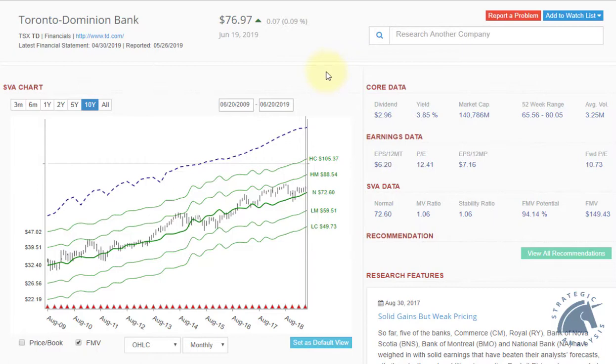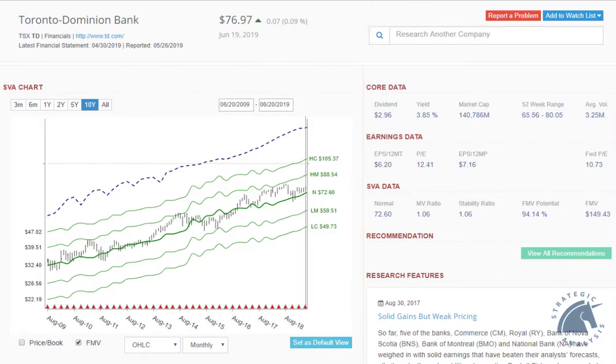Remember that the assets of the banks are the balance sheets of other companies. So perhaps the market is wise to discount the balance sheets of the banks by as much as they do. But notice how regular the TD has traded over many, many years.